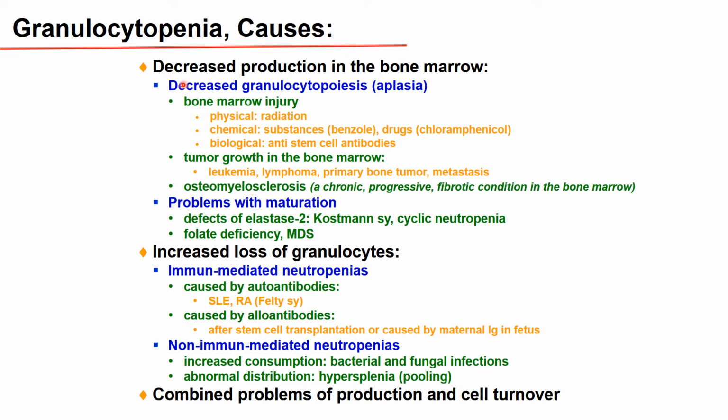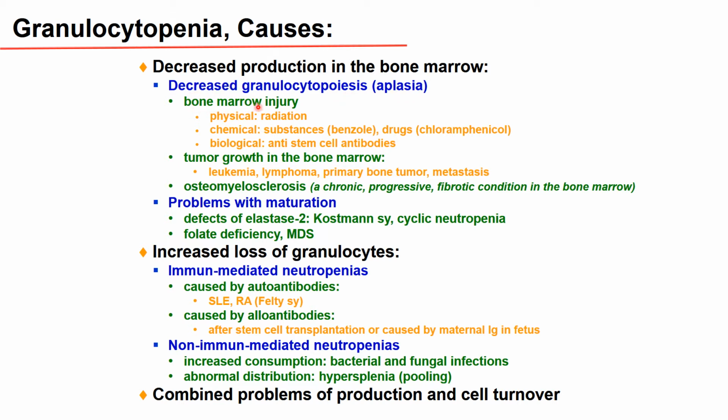Now, what could be the cause of the granulocytopenia? Already mentioned some. Basically, we can have a problem when we do have a decreased production in the bone marrow. Now, this decreased production can be, for example, aplasia.